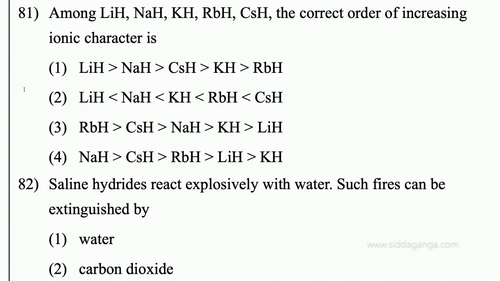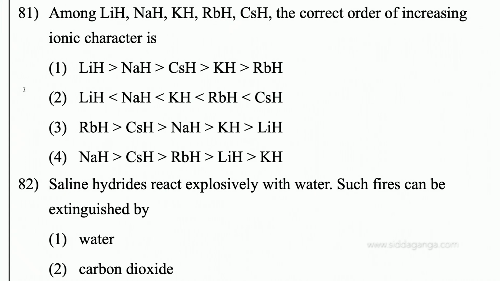Among lithium hydride, sodium hydride, potassium hydride, rubidium hydride and cesium hydride, what is the correct order of increasing ionic character? As I already explained, in the last question they asked about the covalent nature. Here they ask about the ionic nature. As the size increases, ionic character increases.